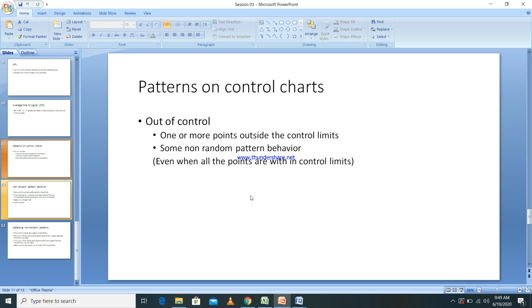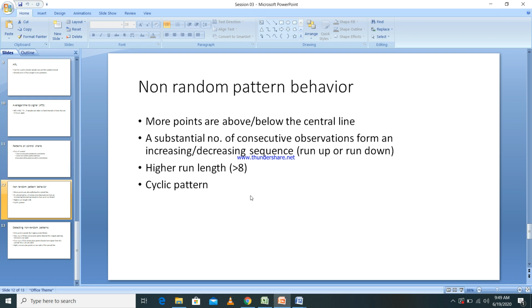And sometimes you can observe some non-random pattern behaviors, even when all the points are within control limits. It's not random. So in that case also you can consider that our process is not in control. It's out of control, right?